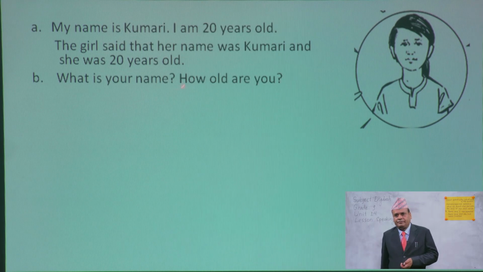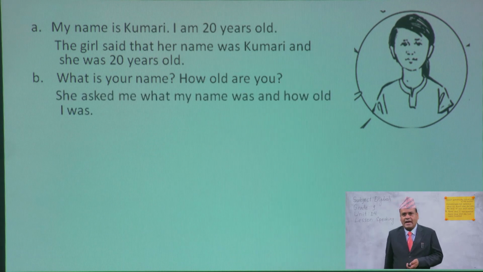What is your name? How old are you? Now, she asked me. She means Kumari, the girl given in the picture. She asked me what my name was. So when we ask directly, we use the sentence, what is your name.